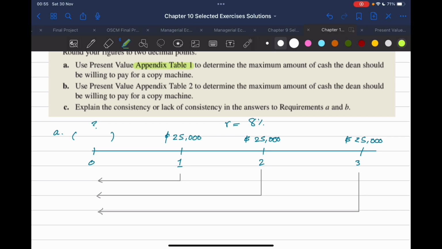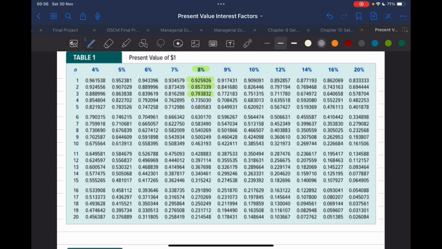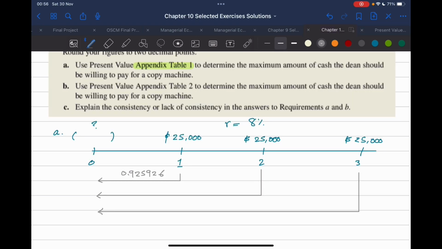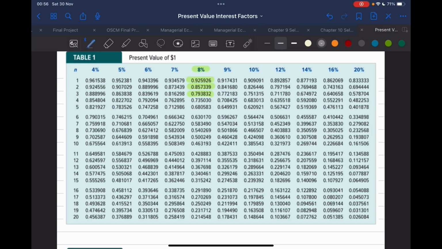Go back to the question, write that down here. 0.925926 for the first year, and for the second year, 0.857339.